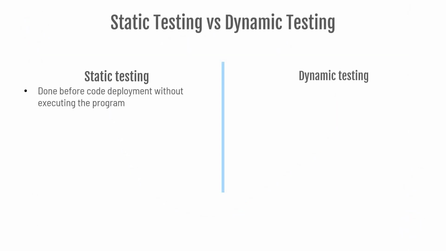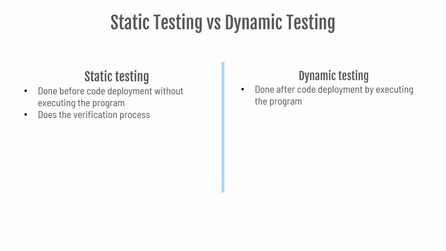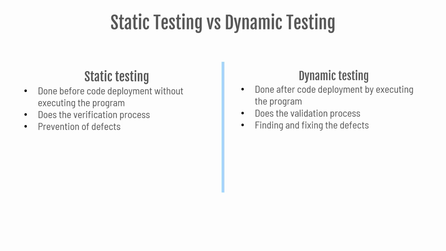First, in dynamic testing, the whole code is executed while the static testing does not. The static testing does the verification process and prevents defects, while dynamic testing does the validation process and helps finding and fixing defects. Static testing gives assessment of cost and documentation, while dynamic testing gives focus on the software system.